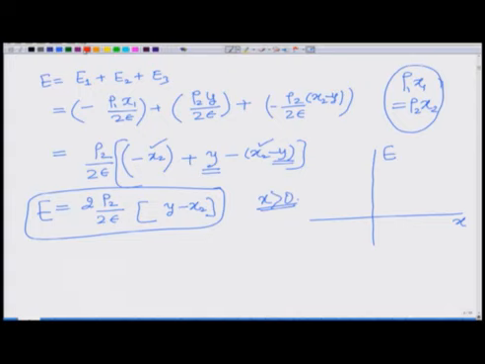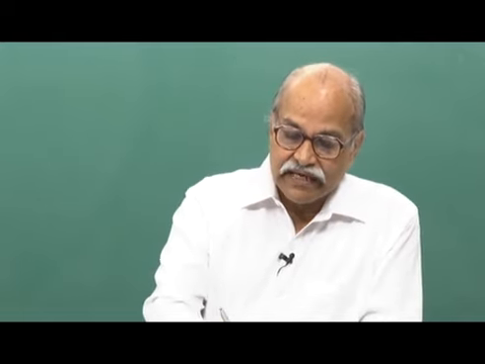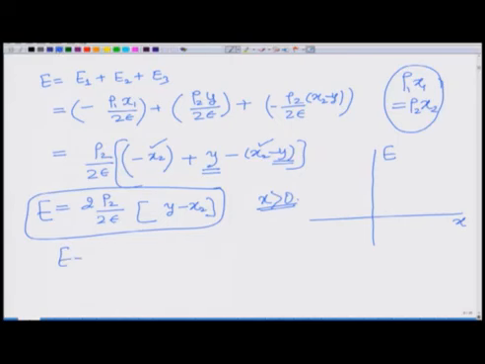What is y, by the way? y is just the distance from the junction, so you can write it as a function of x. You can also write this as E is equal to rho 2 over epsilon, and then you have x minus x2. This y is nothing but the distance from that junction, which is x equal to 0.